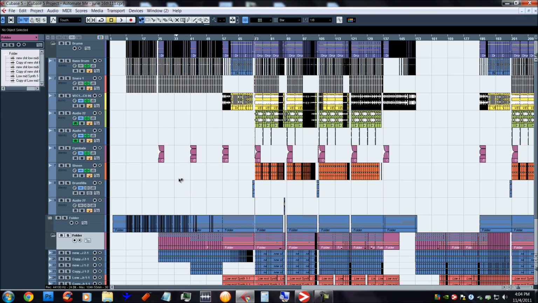You low pass it at 75, 80, so nothing but sub bass is playing, and then you high pass your bass drum at 75. I'm going to go over this in the next tutorial, which is going to be about EQing drums.